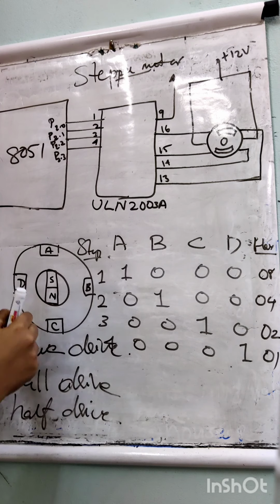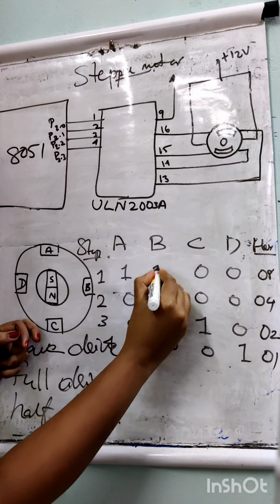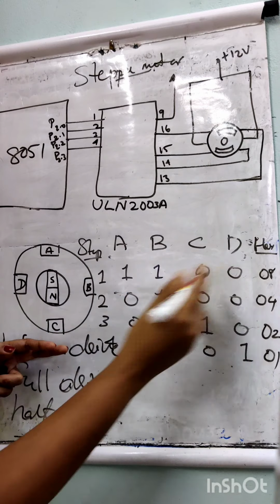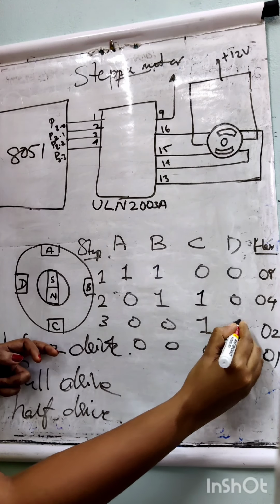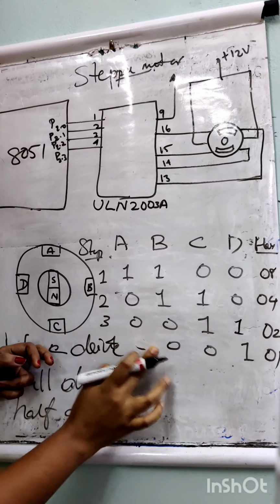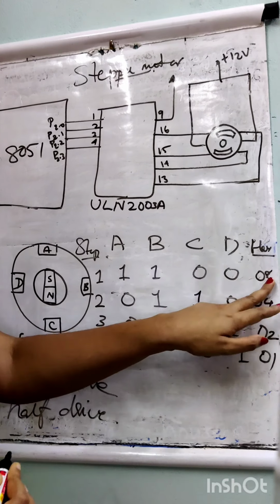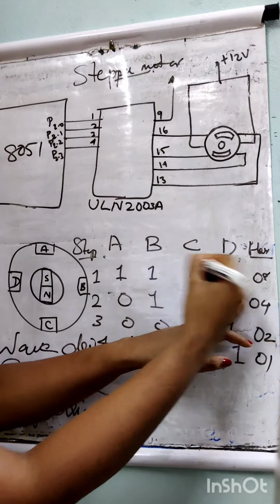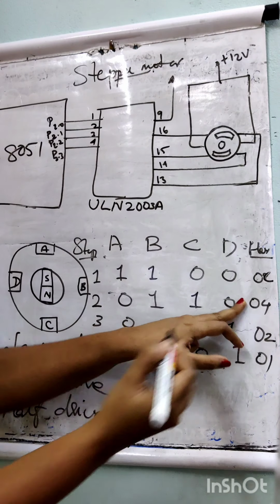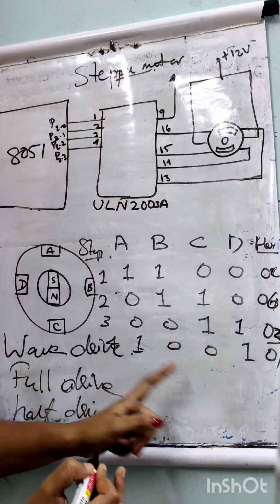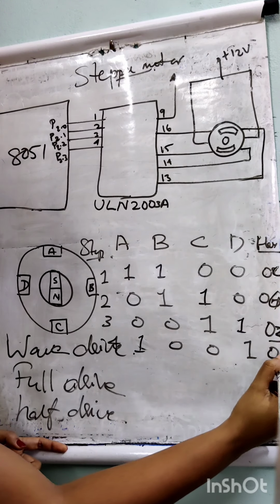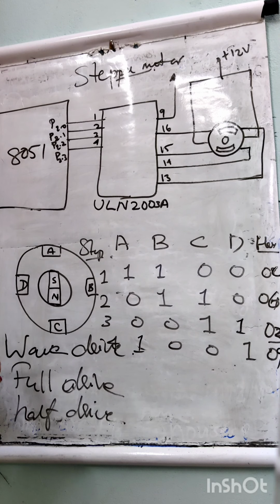So A and B will both be 1: 1 1 0 0, then the next step 0 1 1 0, the next 0 0 1 1, and in the last step 1 0 0 1. Then the hex values will change: 0C, then 06, then 03, and then 09. These values will be given to the port. So this is about full drive.